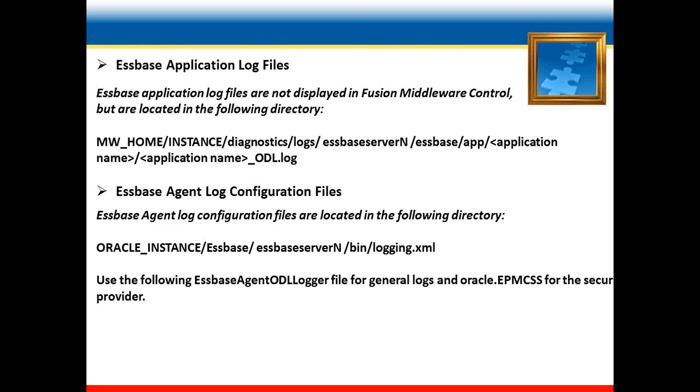So we can check this configuration file here, and then we can check our diagnostic log with the help of Enterprise Manager, in the Diagnostics tab in Enterprise Manager under Core Application. We can check our log with the help of Enterprise Manager.